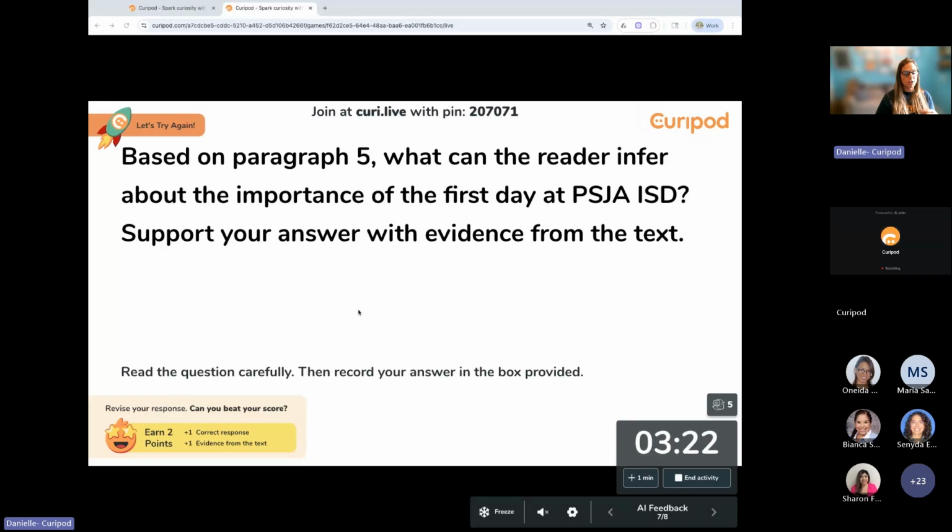So it will do speech to text with those extensions that are embedded in student devices. It actually is on our roadmap to build that into Curipod as it being just embedded in the platform. It's not there yet, but you can just use what's already embedded on the student computer. And we have lots of people who utilize that extension.